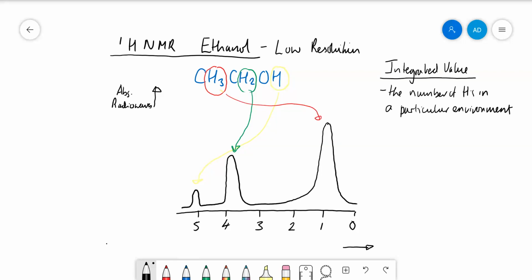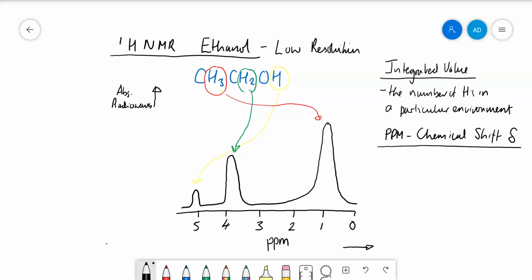Apart from the area under each peak, the other obvious thing, I should put ppm down there onto that scale, is where each peak is on the ppm scale, where it is on the x-axis. This is called the chemical shift, sometimes given the symbol delta as well.